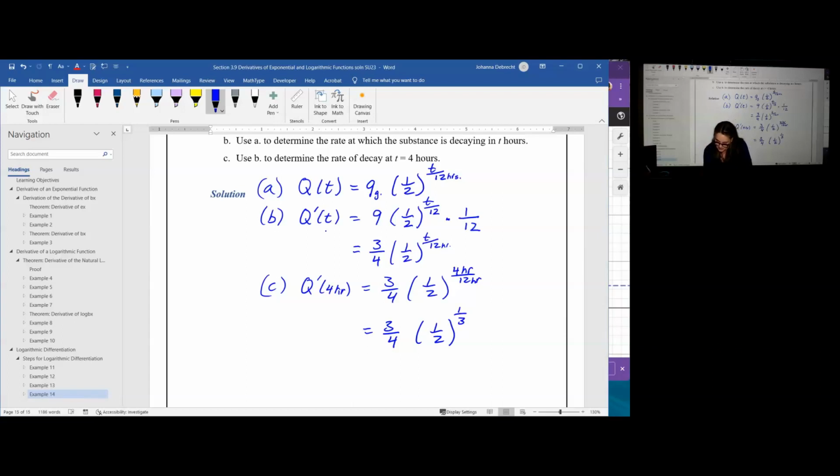We forgot one thing. We forgot to multiply by the natural log of the base, since the base was not e. We should have a natural log of 1/2 in here. Oops. Times natural log of 1/2.